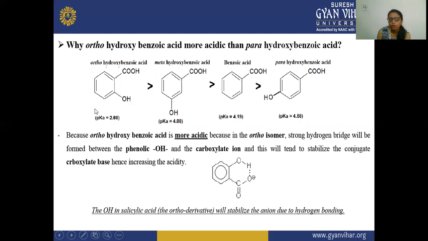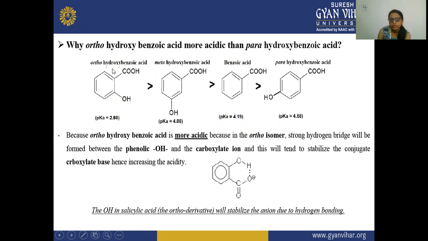Because ortho-hydroxybenzoic acid is more acidic. It is more acidic because in the ortho isomer, a strong hydrogen bridge will be formed between the phenol OH and the carboxylate ion, and this will tend to stabilize the conjugate carboxylate base, hence increasing the acidity.